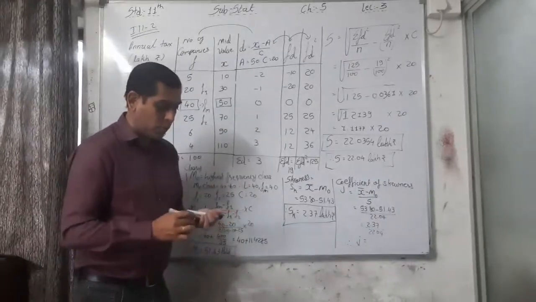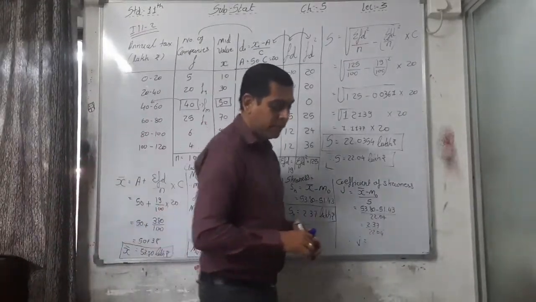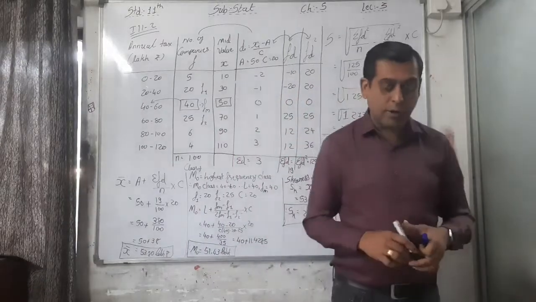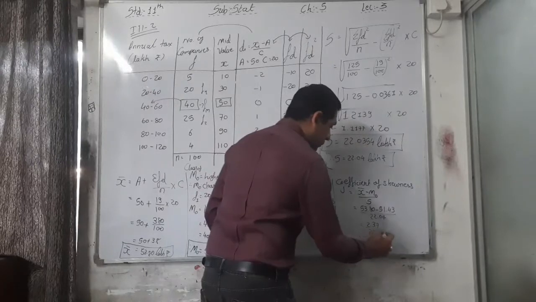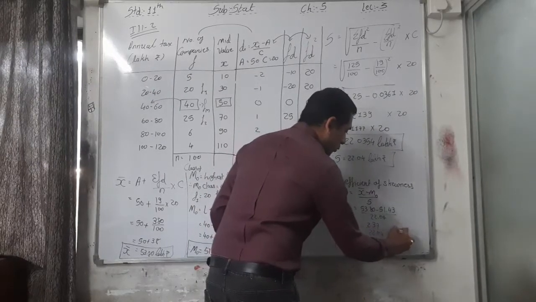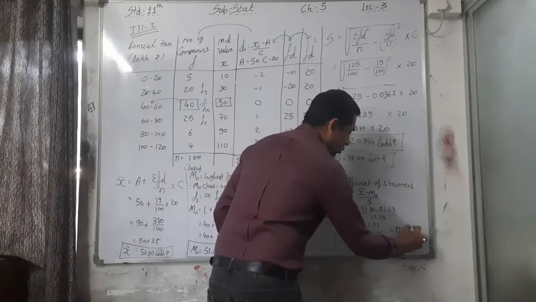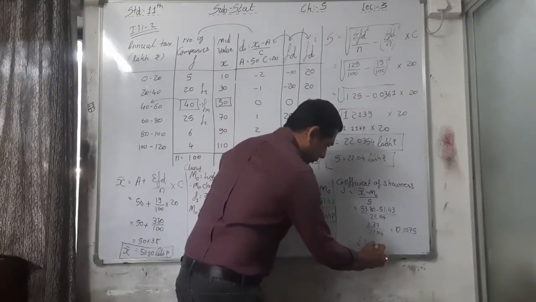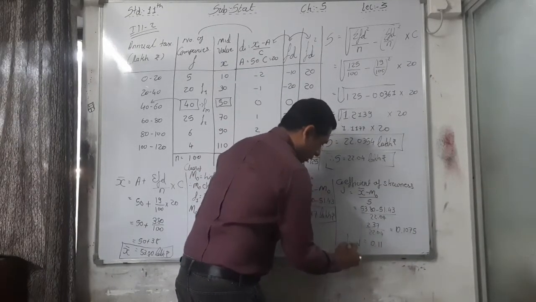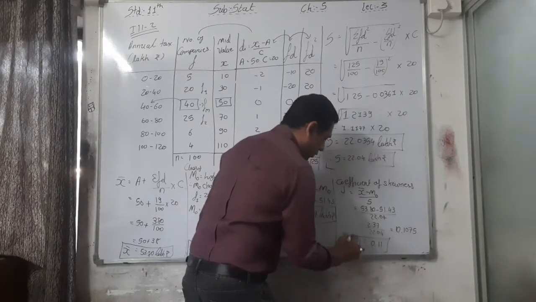Find out the value. 2.37 divided by 22.04 is 0.1075. So ultimately the final answer is 0.11, and it is free from unit.